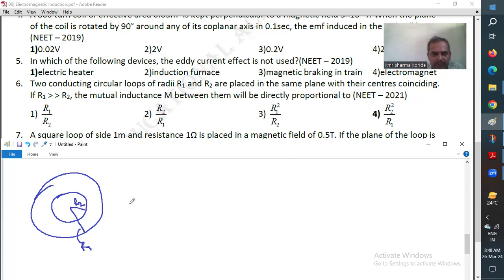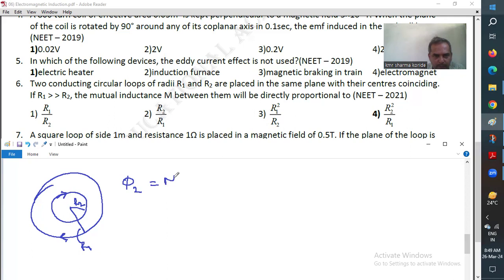Suppose when current is flowing through the first coil, there is flux linked to the second coil. If current is flowing through the first, so this is the first one. Due to the flow of current through this, there might be an induced current in the second.